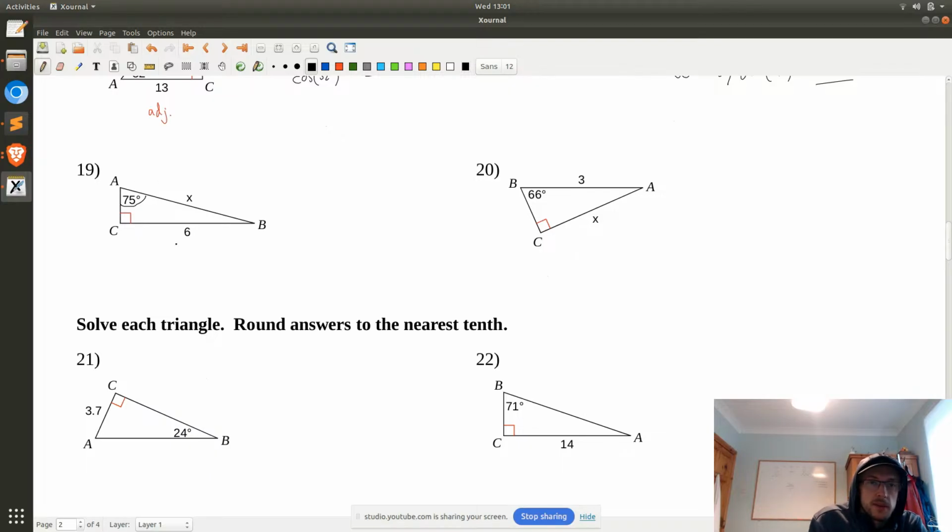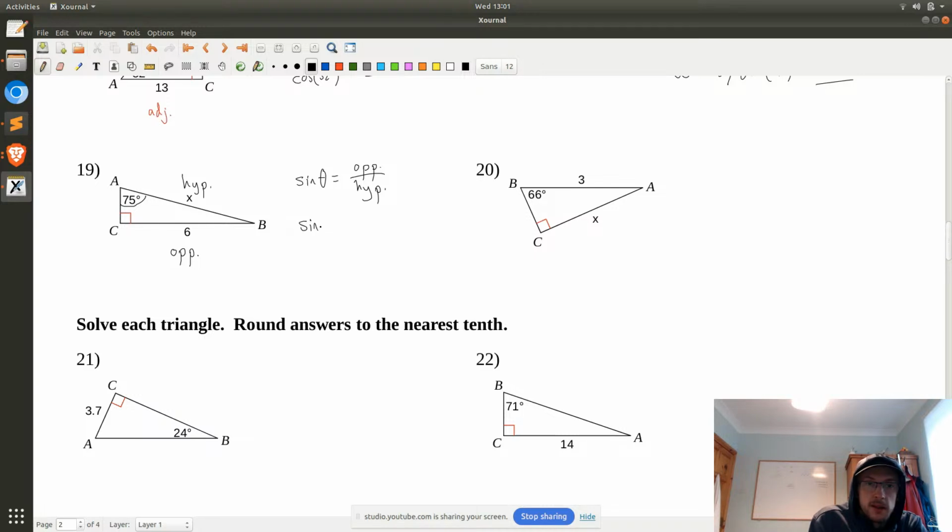Who's involved? The opposite side, the hypotenuse. Opposite and hypotenuse, that would be sine of theta. Sine of theta is defined to be the length of the opposite side divided by the length of the hypotenuse side.